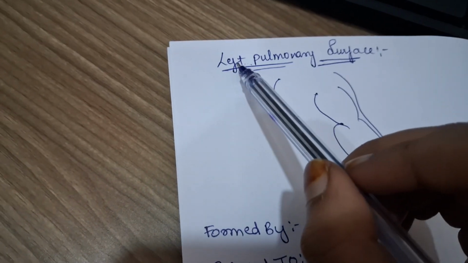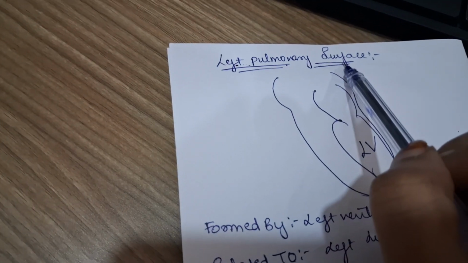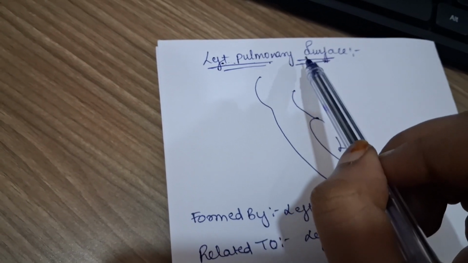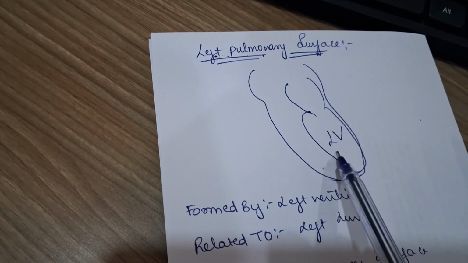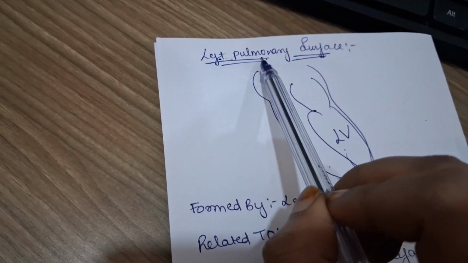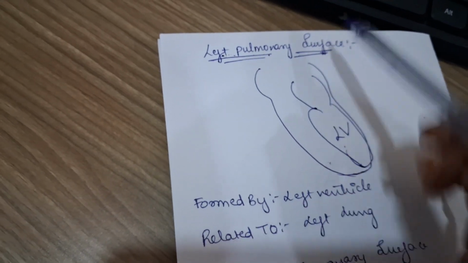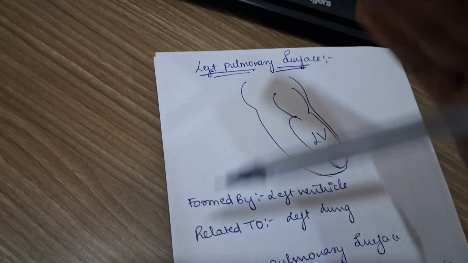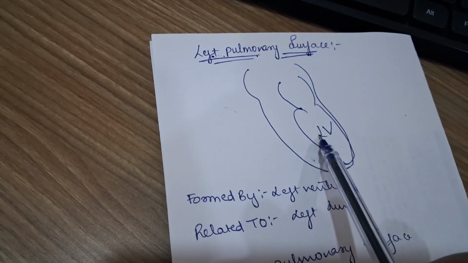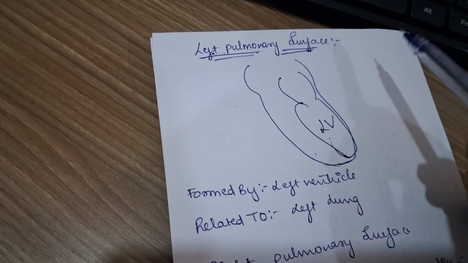So left pulmonary surface. The left pulmonary surface is mainly formed by the left ventricle. Understood? Left pulmonary means lungs, surface means the surface. It is mainly formed by the left ventricle. What is it related to?